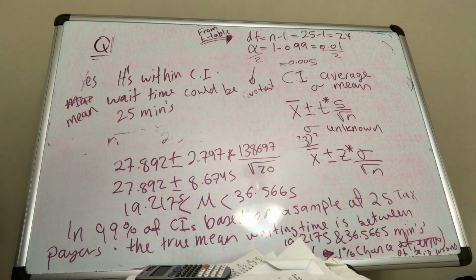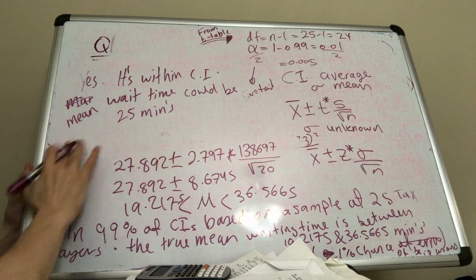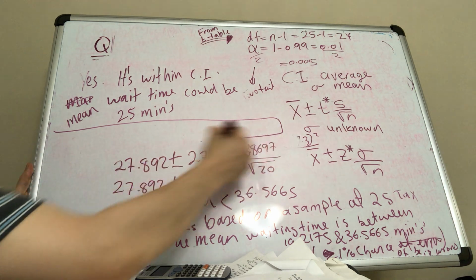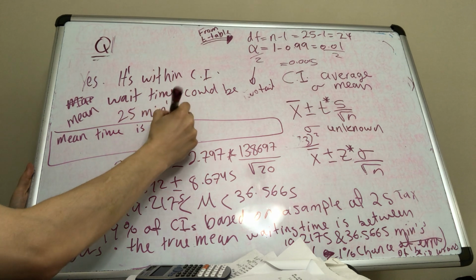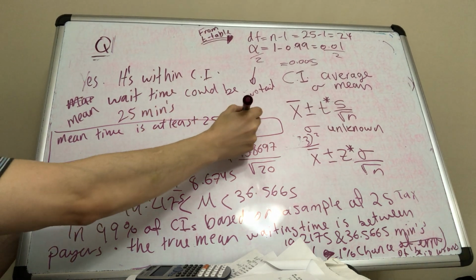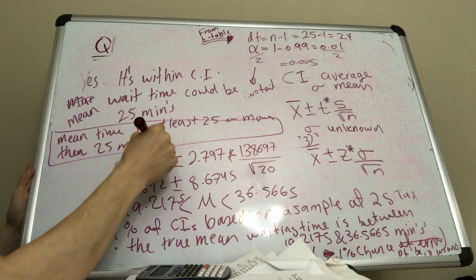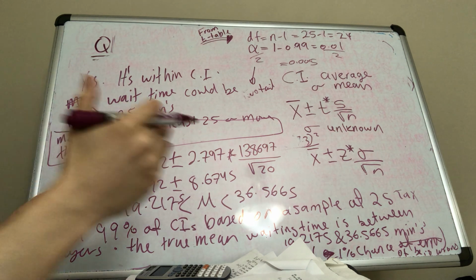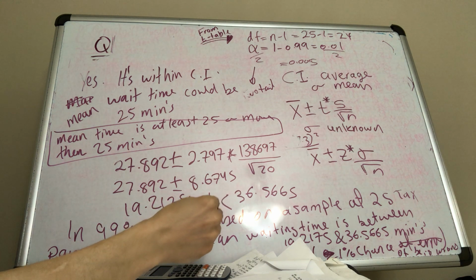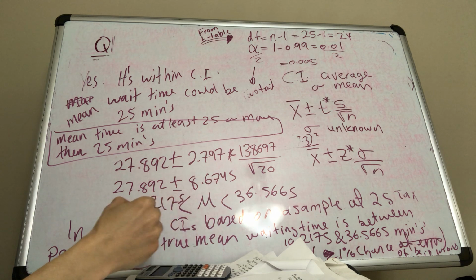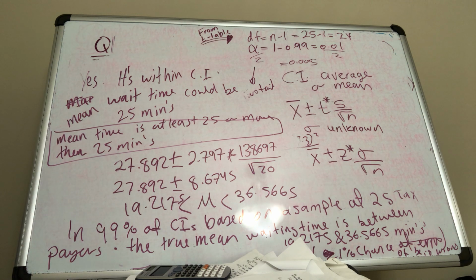But that's if you're given a number. So could it be 25? Could it be 30? Could it be 40? What if they tell you, is this statement true? Mean time is at least 25 or more than 25 minutes. So they don't specify a number, they say at least, or it could be more. According to this, yes, it's possible that it's more, but it could also be less. So can you know for sure that it's always at least 25?